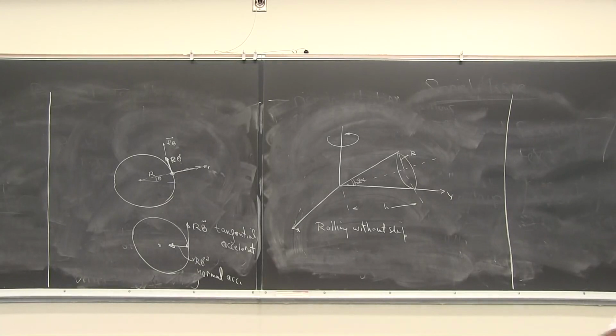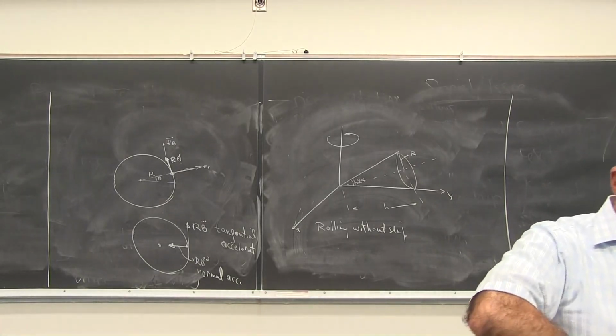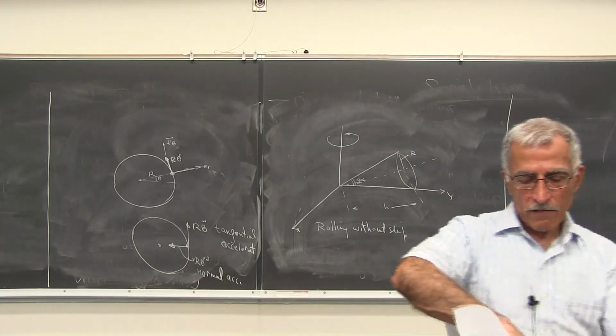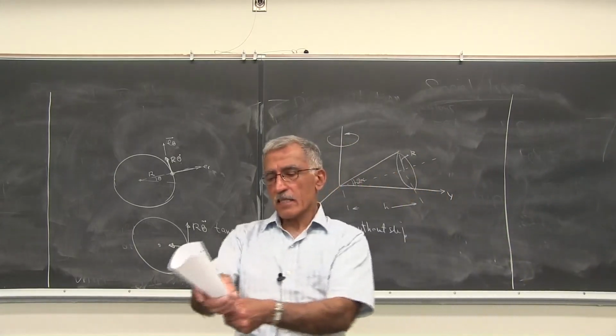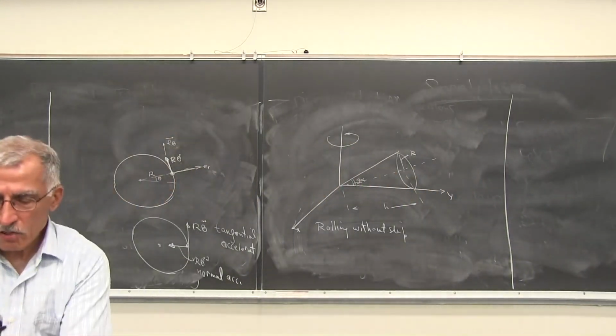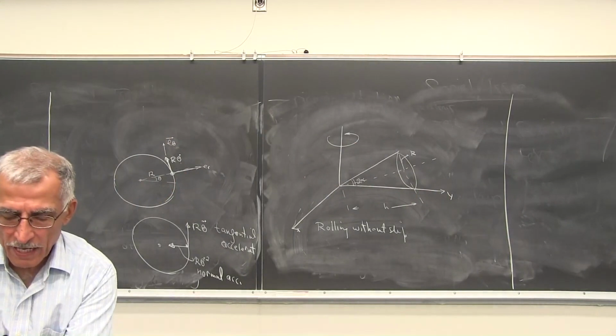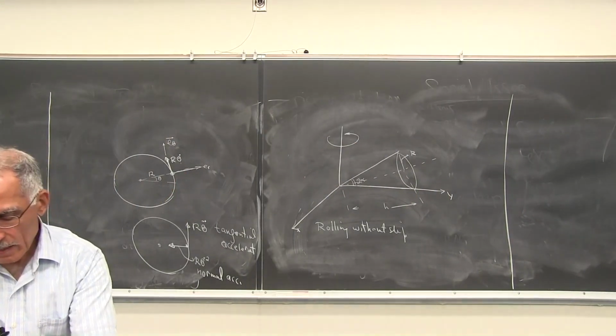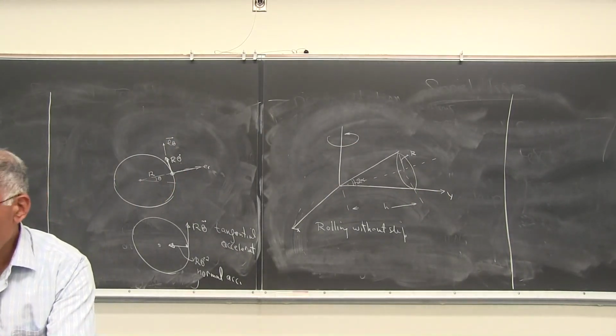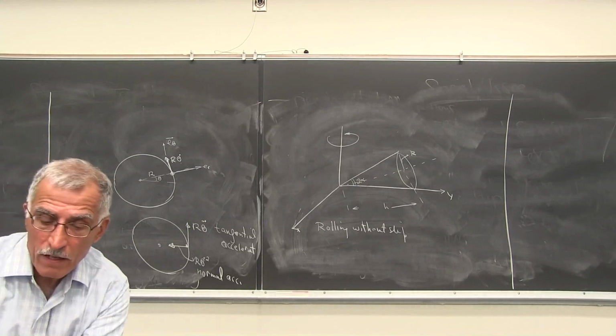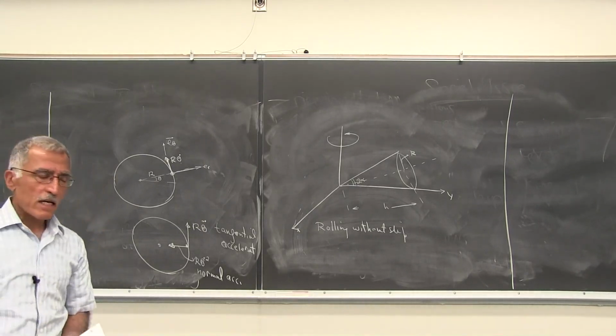So this is a cone. Did you make a cone in your life when you were a little child? That's a cone, and this cone is rolling on the page like this. It goes all around, rolling without a slip here.